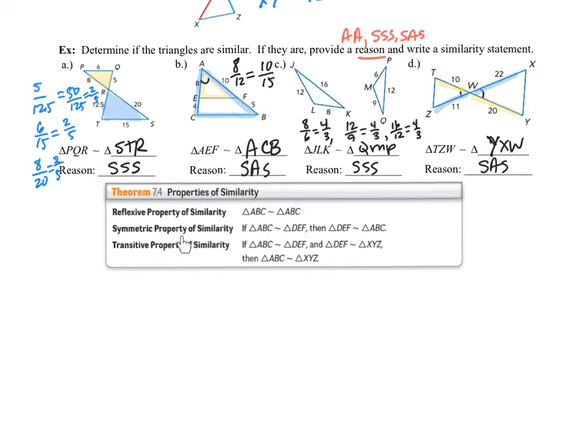The symmetric property of similarity says if a first shape is similar to a second one, then we can turn that around and say the second shape is similar to the first. And then the transitive property always involves three things. So the transitive property of similarity would say if a first shape is similar to a second shape and that second shape is similar to the third, then we can say the first shape is similar to the third shape.